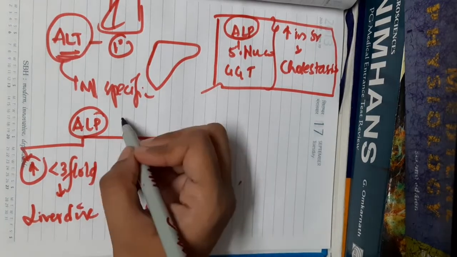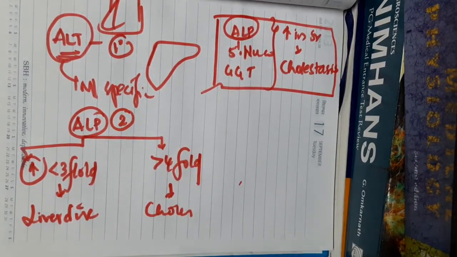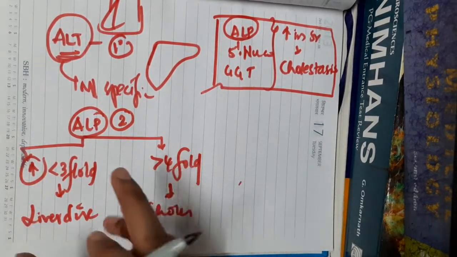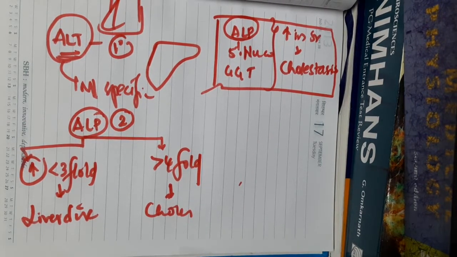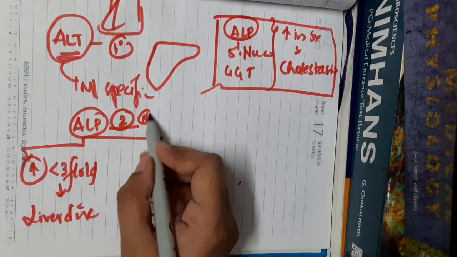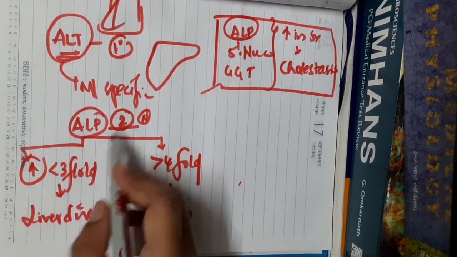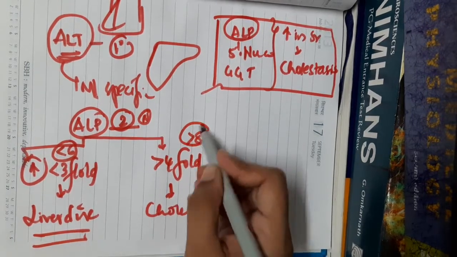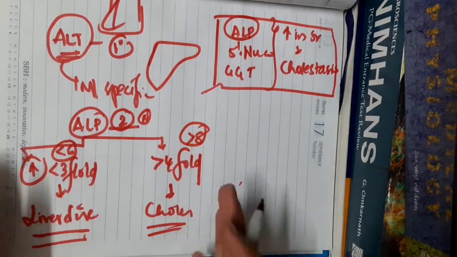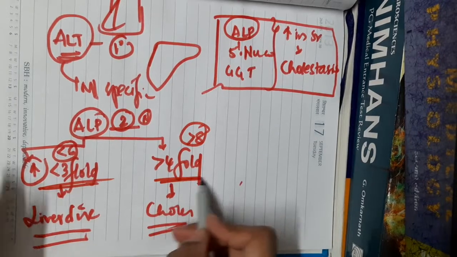For example, if the normal value of ALP is 2, which is just an arbitrary value for calculation, then if the value is less than 6, that is liver disease, and if it is more than 8, that is cholestasis.